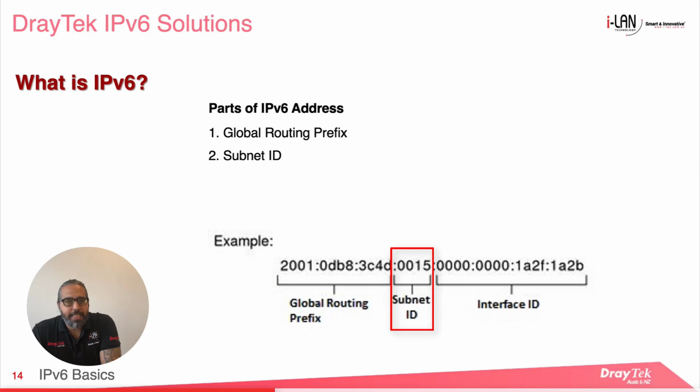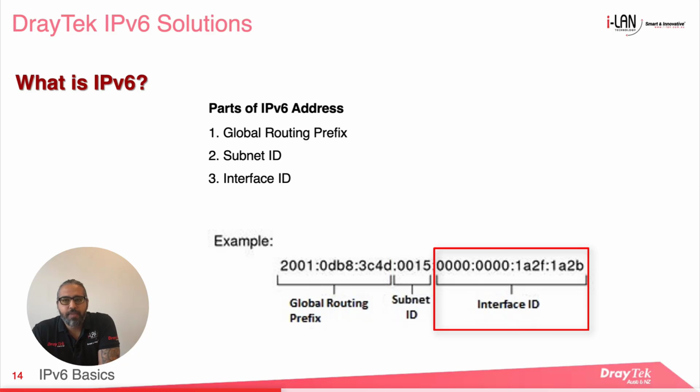The subnet ID is the 4th grouping of numbers, that is the 49th through 64th bit. This identifies the subnet within a site and functions like the subnet field of an IPv4 address. And the last part is the interface ID, which is the last 64 bits that acts like the IPv4 host field.